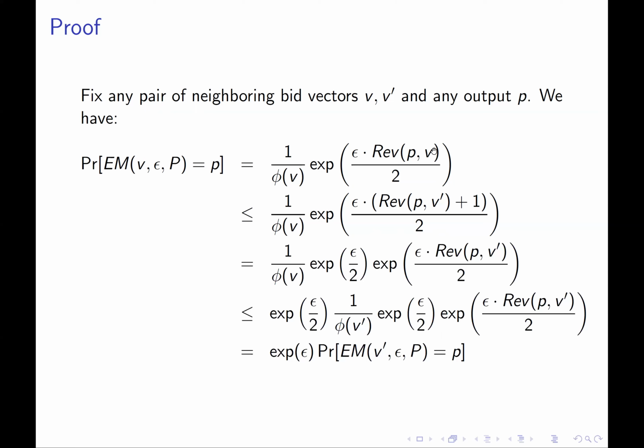The thing we took advantage of here was that a single bidder, via their unilateral misreport, could not change the computed revenue of any particular price by more than one. Given that observation, we basically just designed the exponential mechanism distribution to satisfy the property that we wanted, differential privacy.